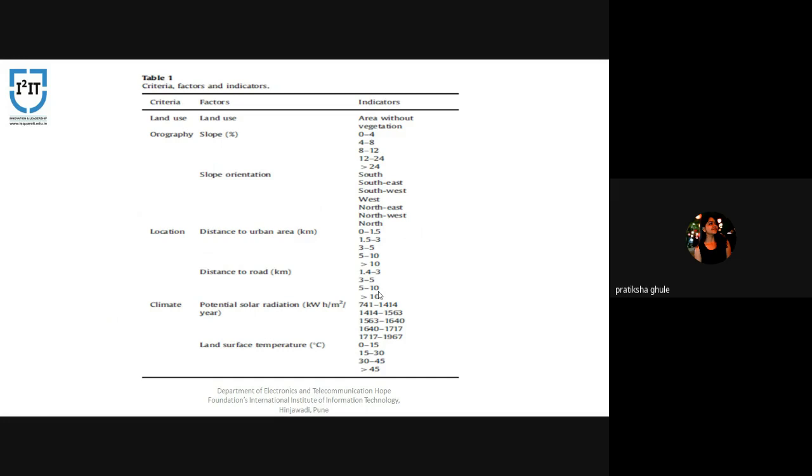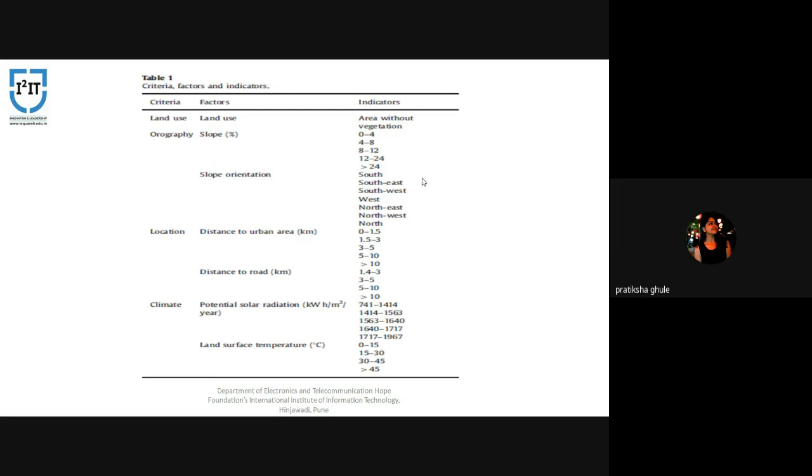Then the second criteria is orography, and the factors like slope, and we found 4 to 5 indicators, like 0 to 4% slope, then 4 to 8% slope. All this information is used to create different criteria maps. The second factor for orography is slope orientation.